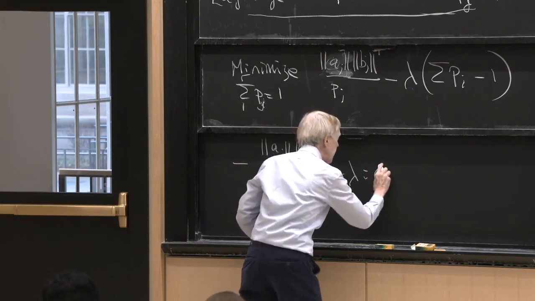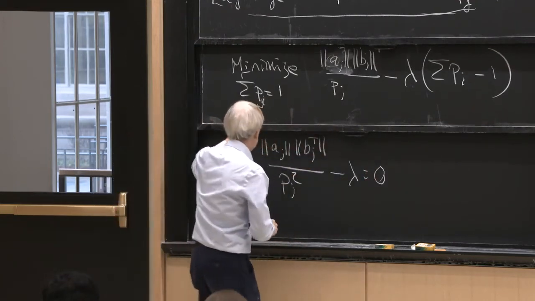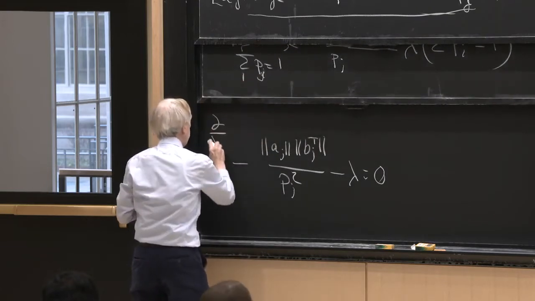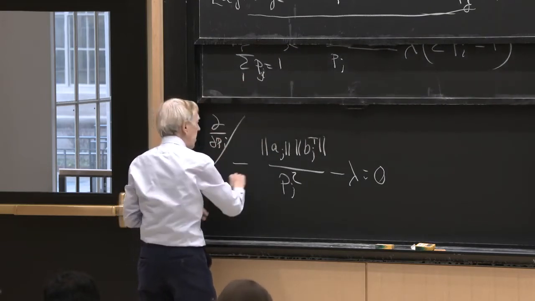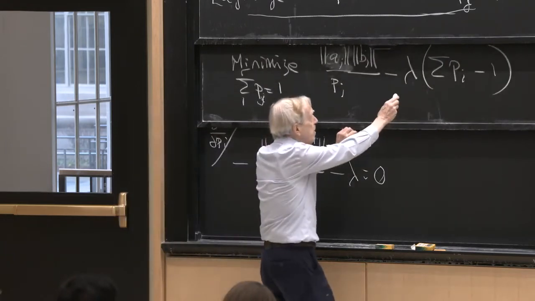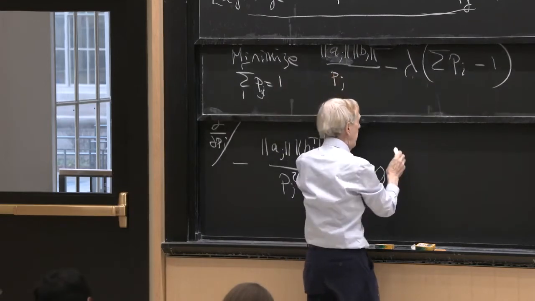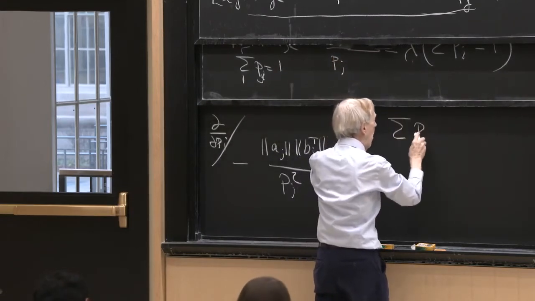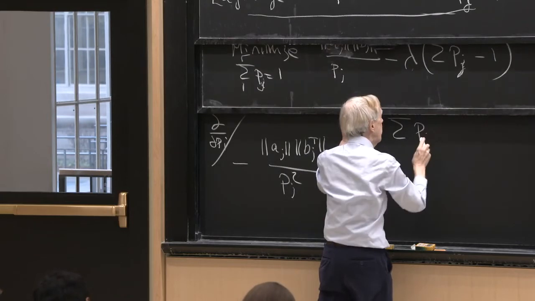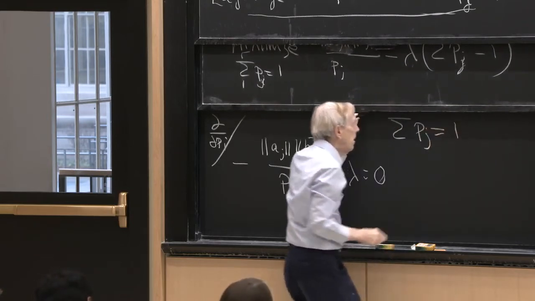So that derivative with respect to pj has to be 0. And then the derivative with respect to lambda is that. So let me call them j's: the sum of the pj's minus 1 equals 0.